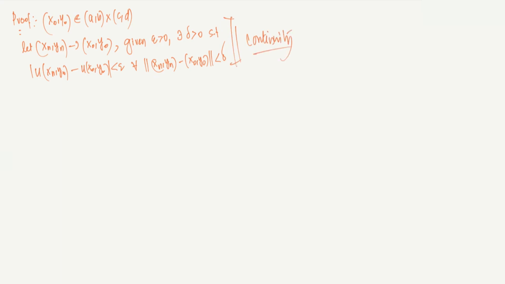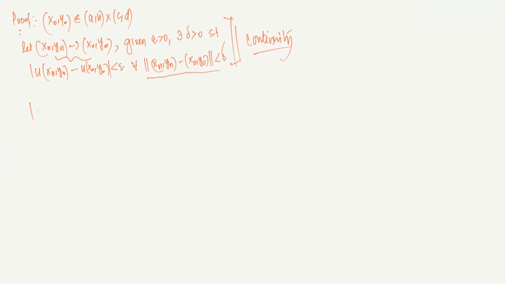Now you see what's happening in our case. Essentially, let's say there is an arbitrary sequence (x_n, y_n) which converges to (x_0, y_0). It means that (x_n, y_n) minus (x_0, y_0) is less than delta, right? So essentially we have to show that this is less than epsilon for all (x_n, y_n) minus (x_0, y_0) less than delta.